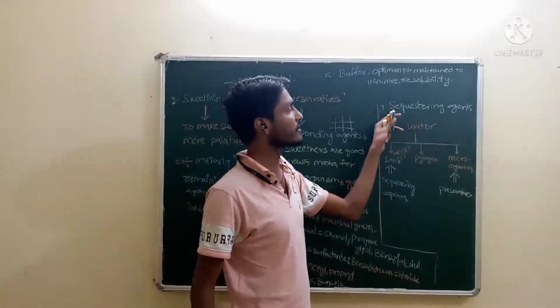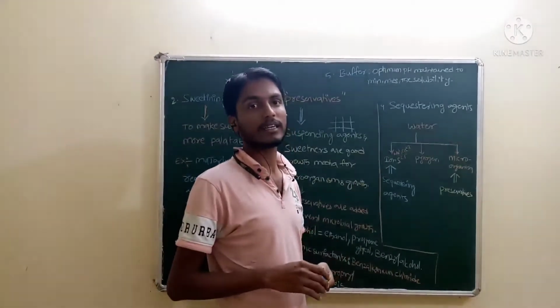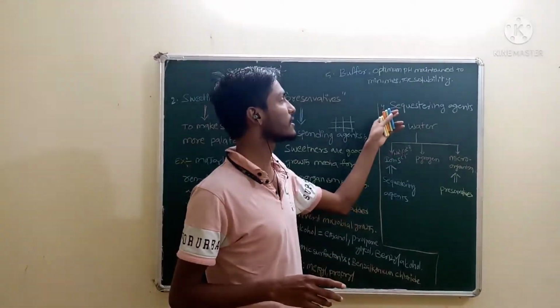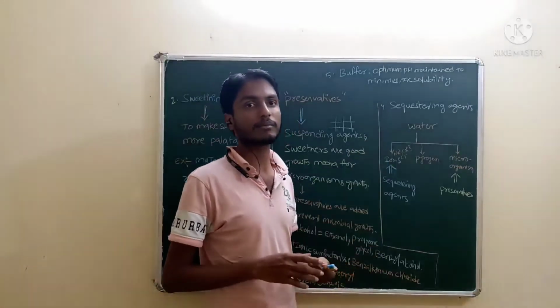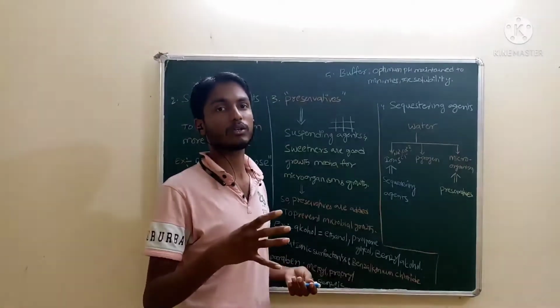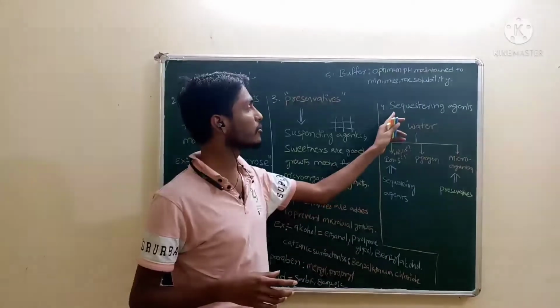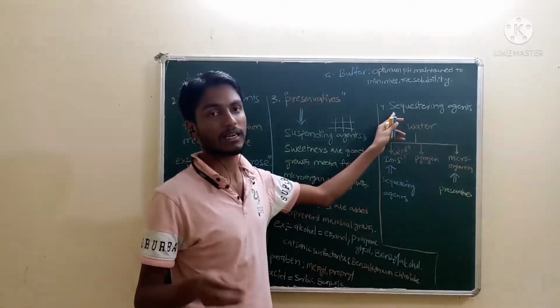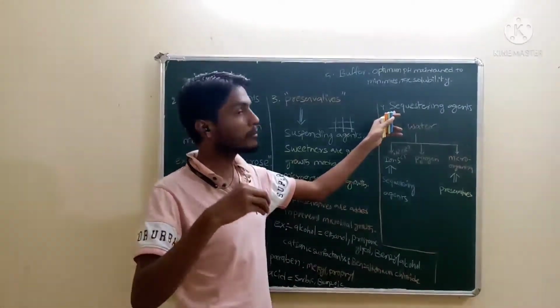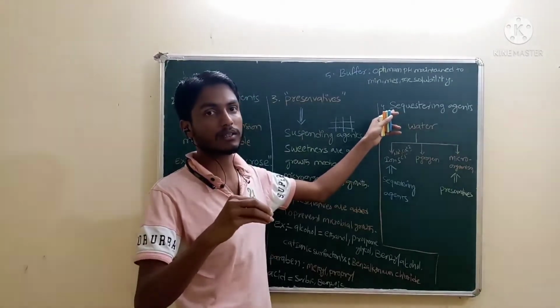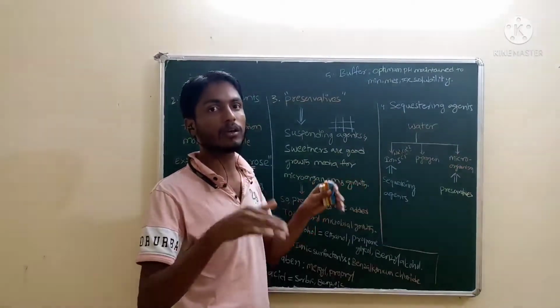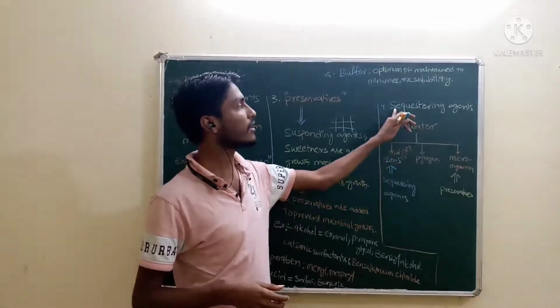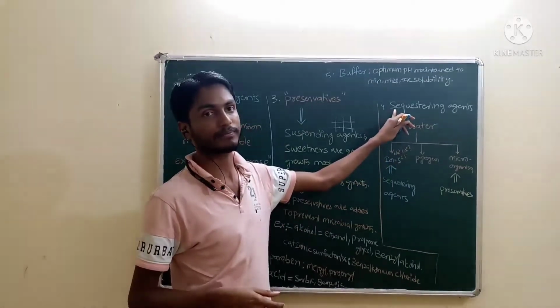Next one is sequestering agents. Complexing agent is different, sequestering agent is different. A complexing agent means the agent which will bind to ions, metal ions. If the complexing agent forms a bond with the ion and that complex is soluble in water, then we can call it a sequestering agent.